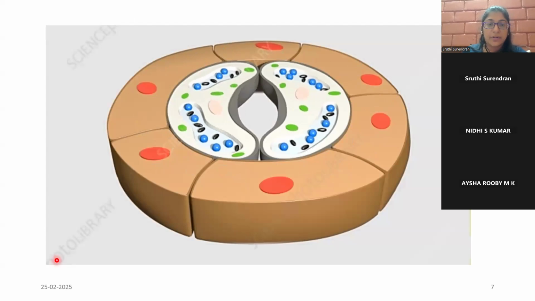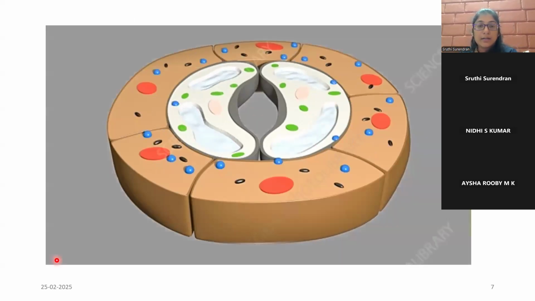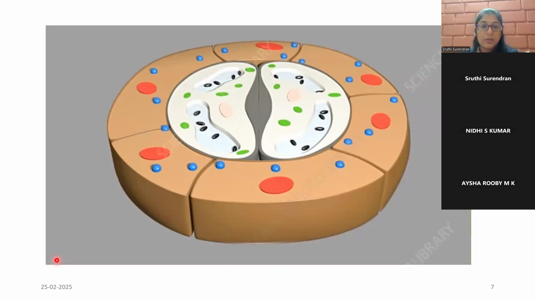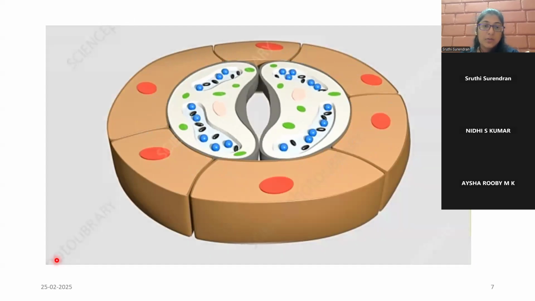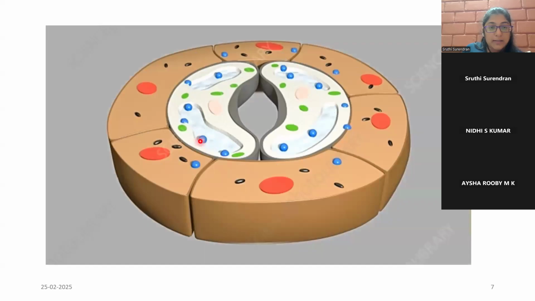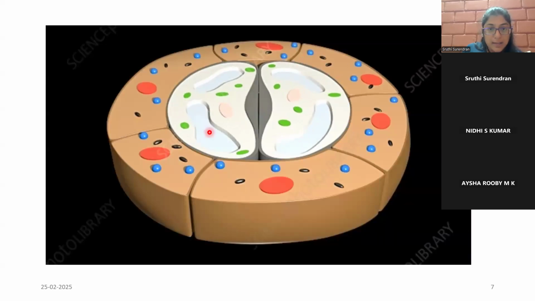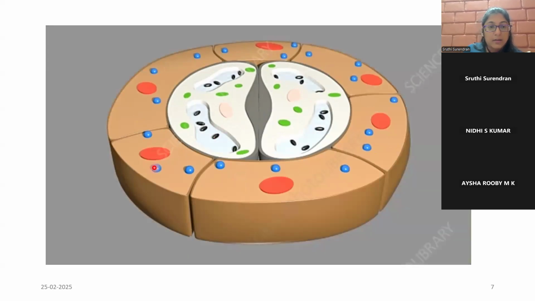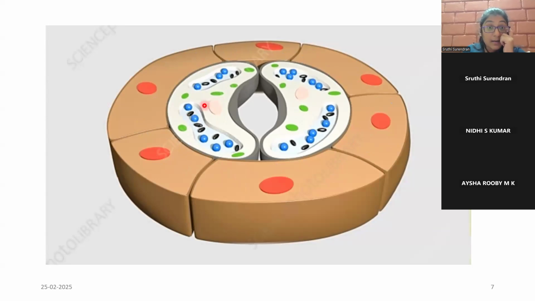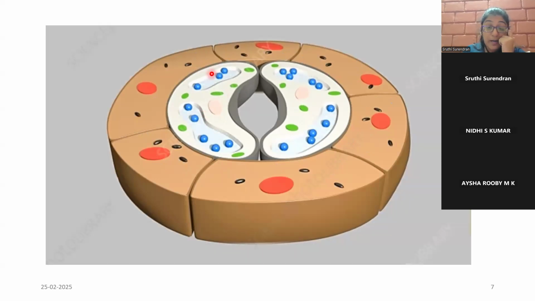So if you see this video here, this is an example of the stomata closing and opening, and what is actually causing the opening and closing of the stomata. You can see some black and blue particles going out from and coming into the guard cells surrounding the stomata, during which the stomata opens.